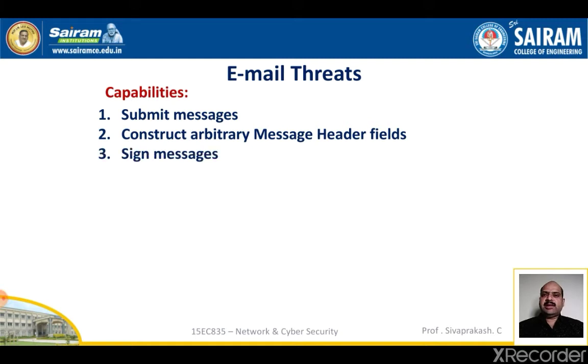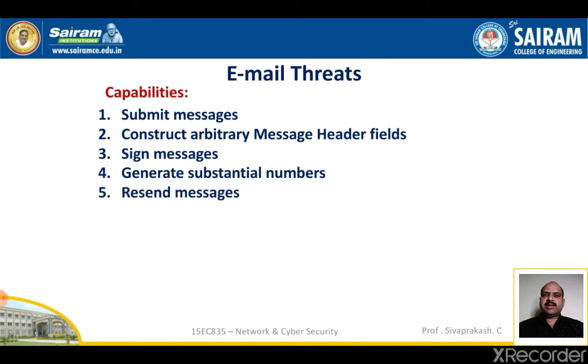Third, sign messages on behalf of domains under their control. The fourth one, generate substantial numbers of either unsigned or apparently signed messages that might be used to attempt a denial of service attack.